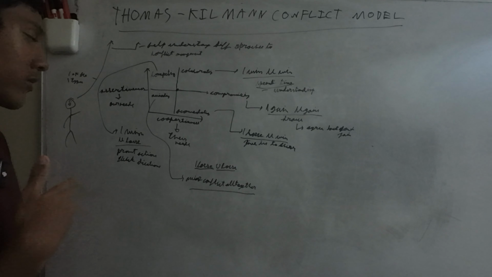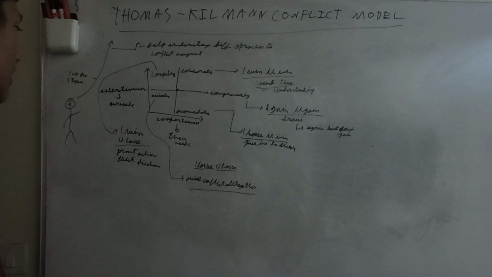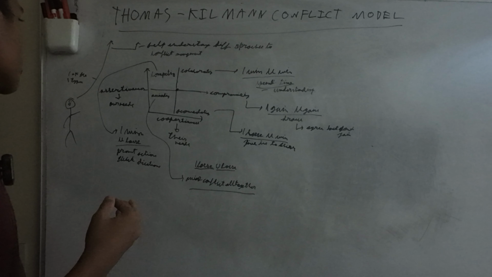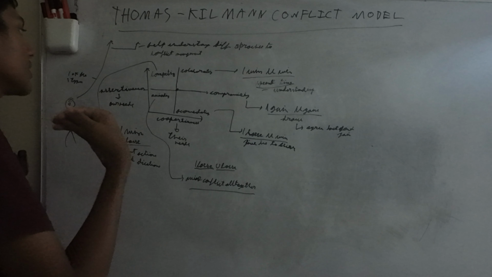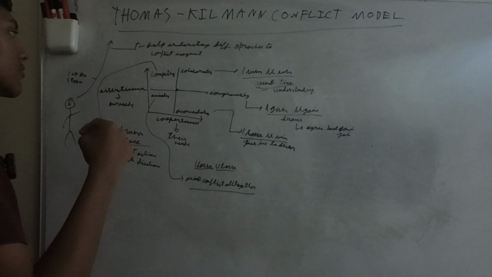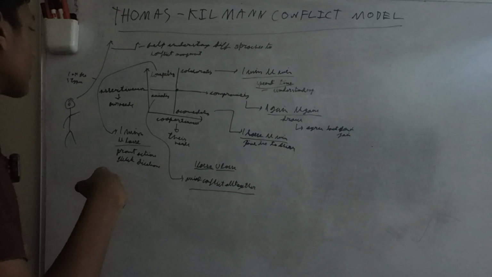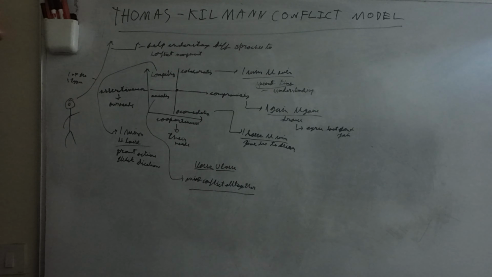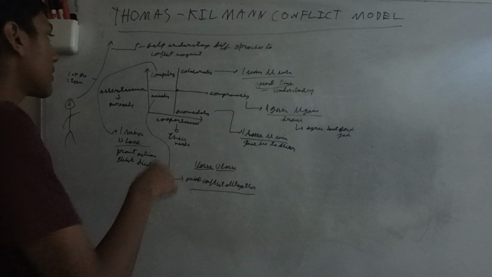We get what we want either way. Now this can be useful in quick decisions or quick actions, something that has to happen fast. You have no time to take your time and discuss things out. So you quickly go for competing and you use your assertiveness to make it a situation that I win, and you lose. So that's the first type, competing.